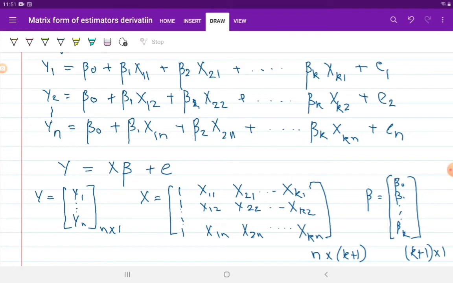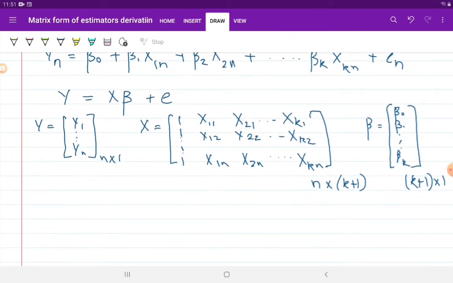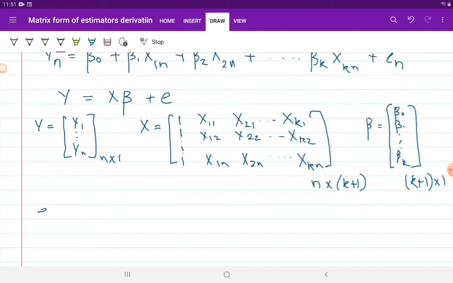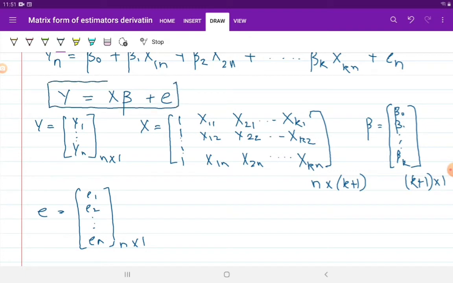Finally, you also have the error matrix, which represents the deviations, which can be written as matrix E is e1, e2 and so on, en, and the dimensions of this matrix is n cross 1. So remember, the matrix form of the regression equation can be written as y equals x times beta plus e, where all of these are matrices as represented below.